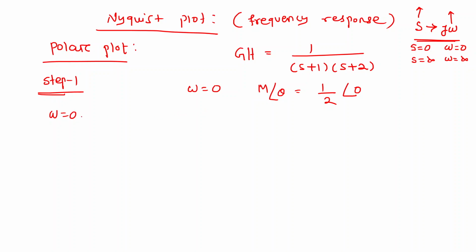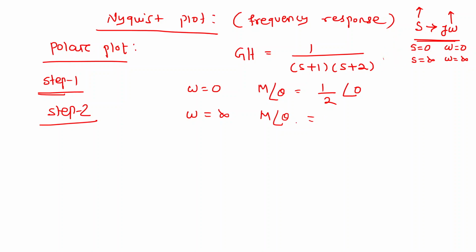Now similarly, in step 2, you have to find out the same thing at omega equal to infinity: what is the magnitude and what is the phase angle. Omega equal to infinity means s equal to infinity. If I put s equal to infinity, then 1 by (infinity plus 2) or 1 by (infinity plus 1) is 1 by infinity, which goes to 0.